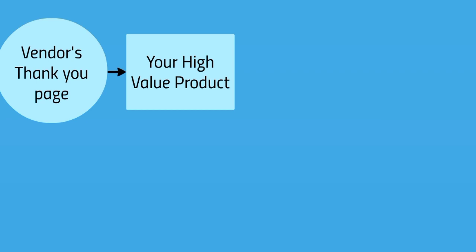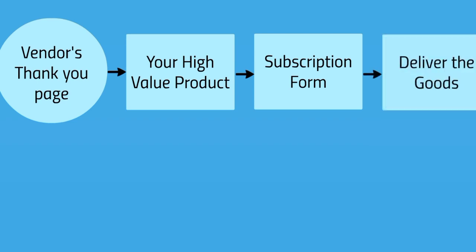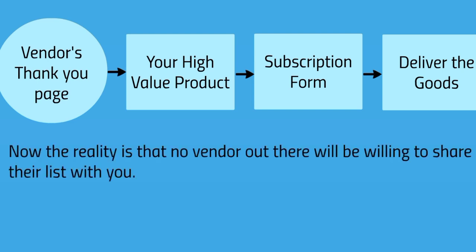On the vendor's thank you page, you deliver your high value product. It's not the same as a lead magnet or anything like that. This is a super high value product that somebody is actually willing to pay for. You're just giving it away for free and they subscribe and you deliver the goods. Now, you don't necessarily get a monetary exchange in this case, but it's a win-win situation for the vendor and the buyer.